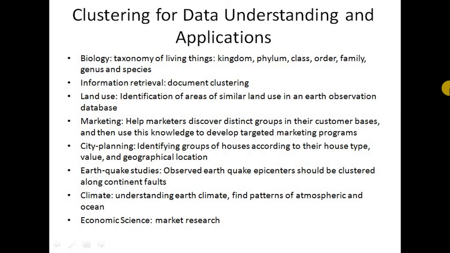Clustering analysis is broadly used in different applications such as market research, pattern recognition, data analysis and image processing. It helps marketers discover distinct groups in their customer base and categorize their customers based on purchasing patterns.